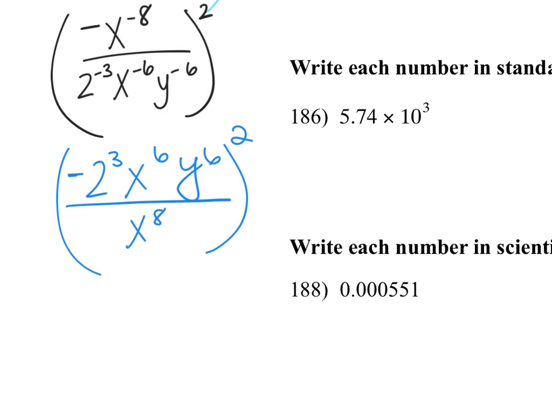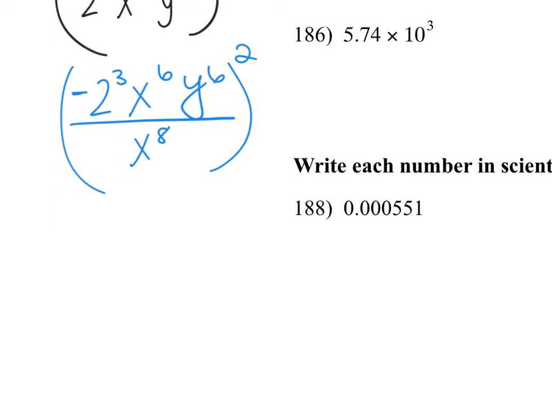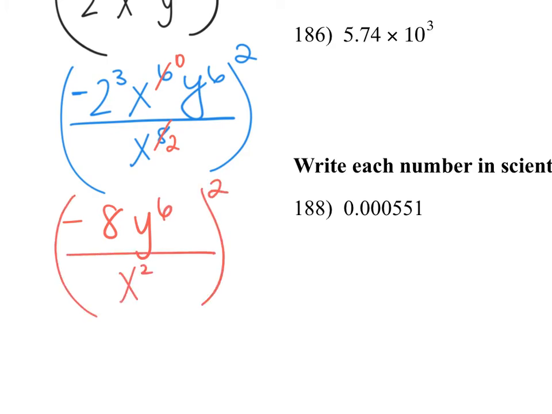And going off of PEMDAS, I'm going to simplify in red. So I have negative 8, and my 6 and my 8 cancel. I get 2 on the bottom and 1 on top, or 0 on top, I should say. So I get y to the 6 over x squared, all to the second power.